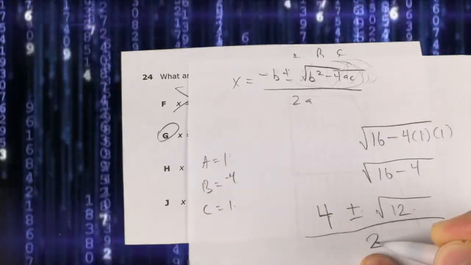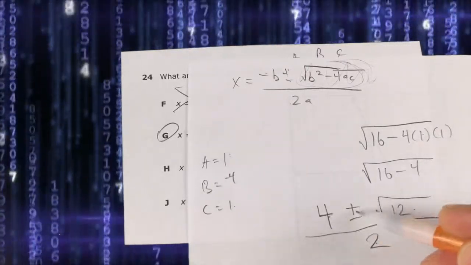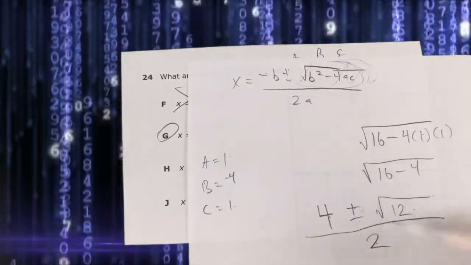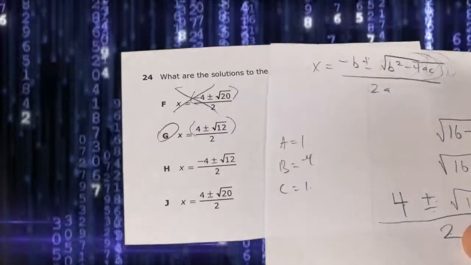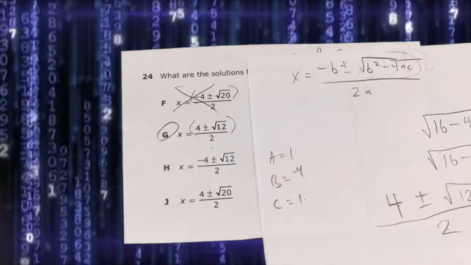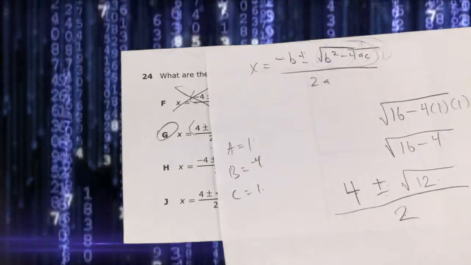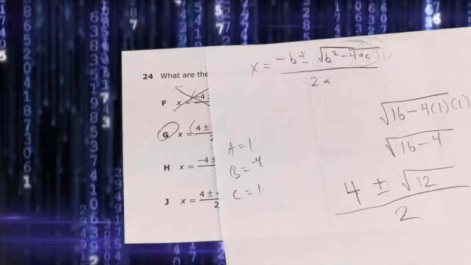So it's just divided by 2. All right? So we have 4 plus or minus square root of 12 all divided by 2. That's the same thing we had right here. So there's 2 ways you can approach the problem and get it just pretty quickly and pretty easily either way.